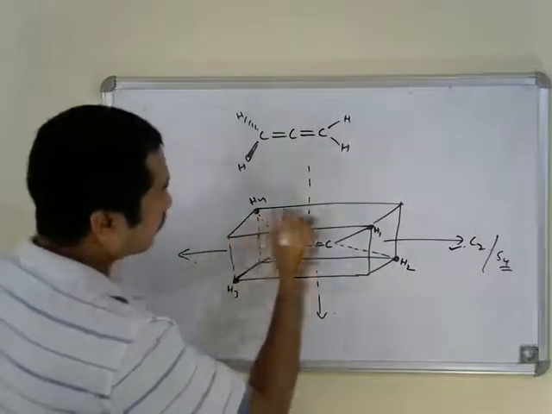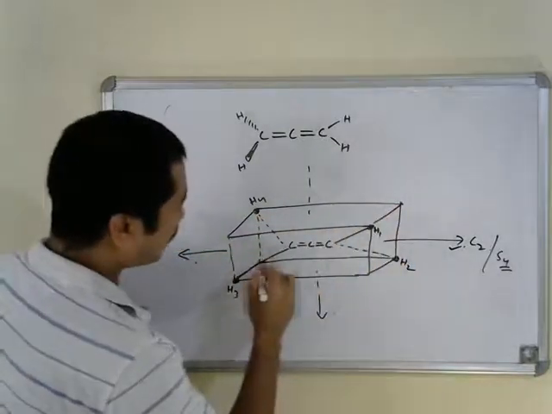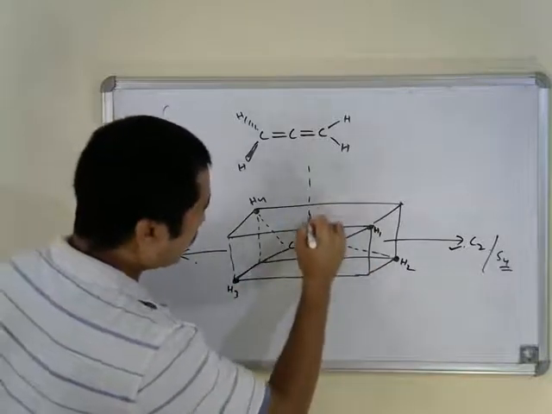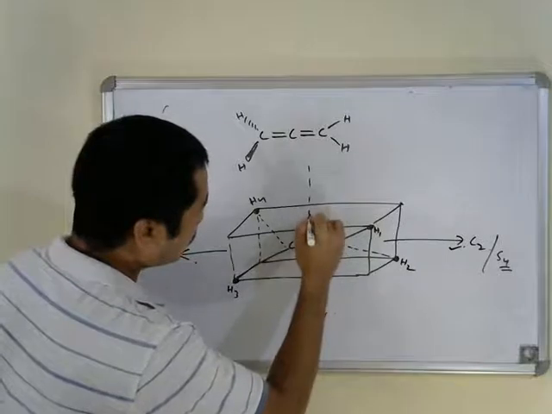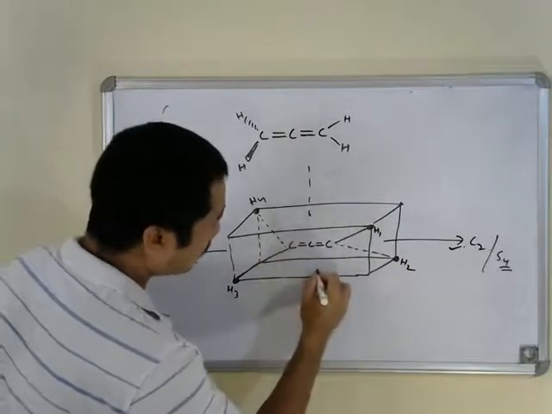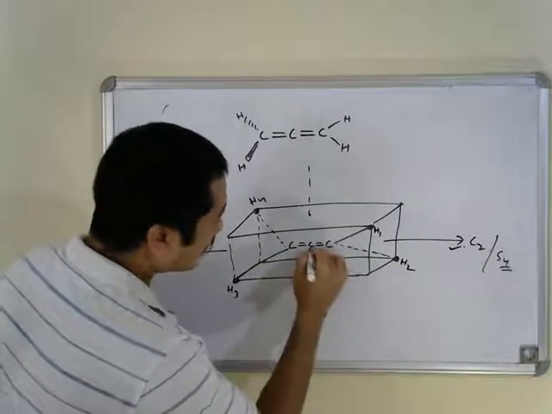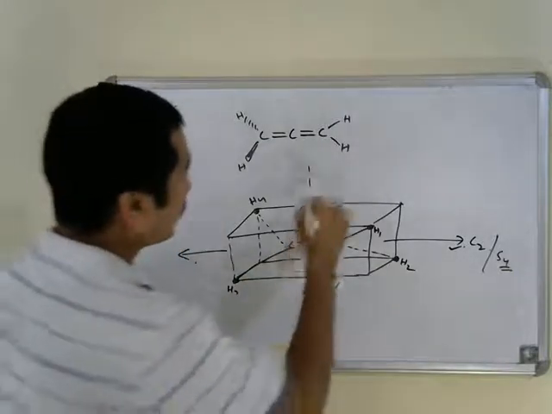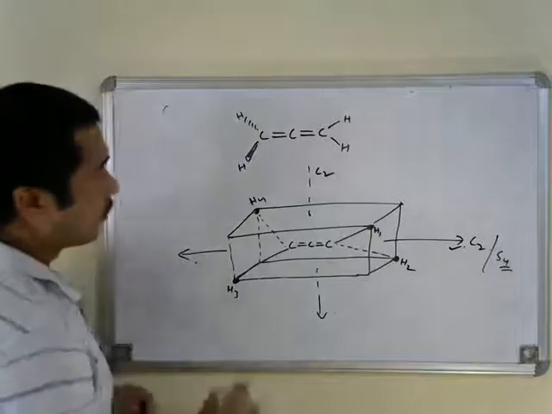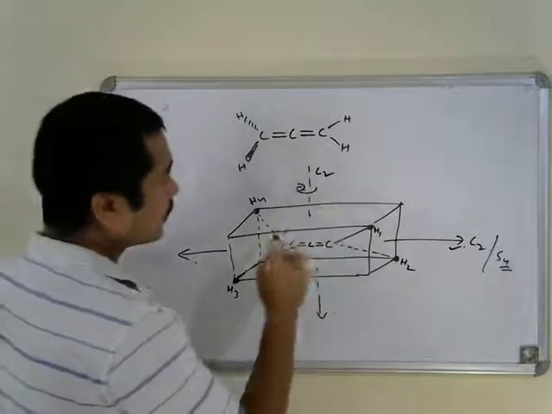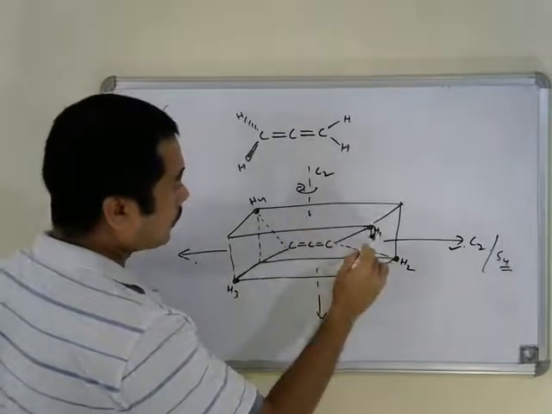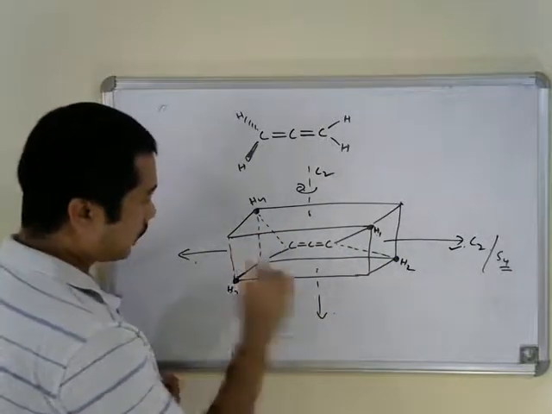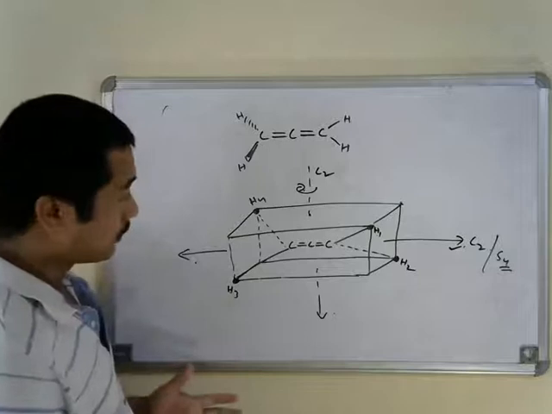If we take the top face and the bottom face of the cube, an axis which passes through the center of this top face and goes out through the center of the bottom face, passing through the middle carbon atom, is again going to be a C2 axis of symmetry, because when you do a 180-degree rotation with respect to this axis, H1 will reach H4, H2 will reach H3, and vice versa, and that is a symmetry operation.